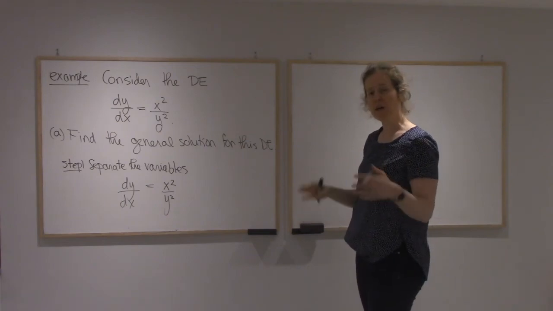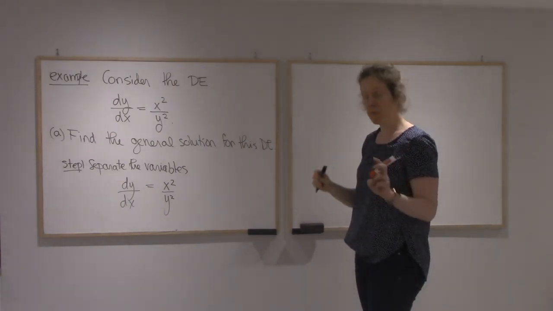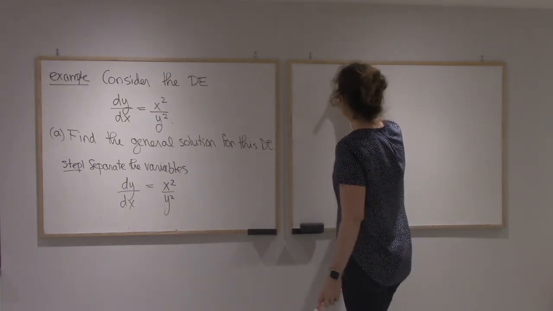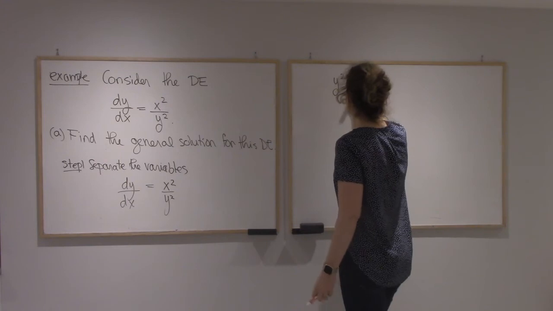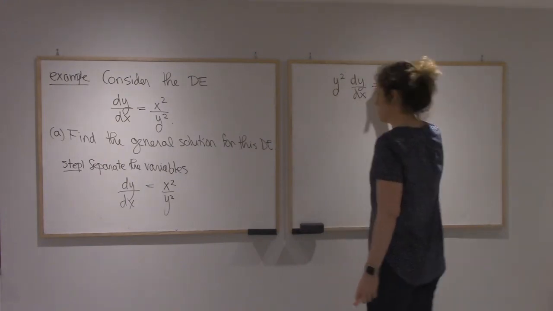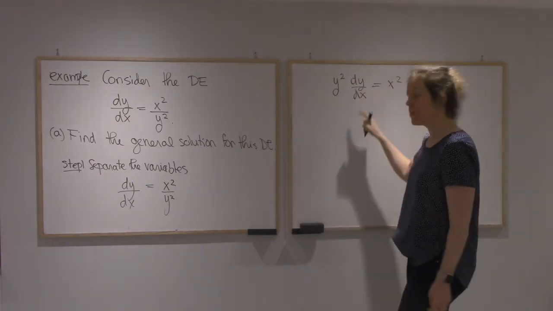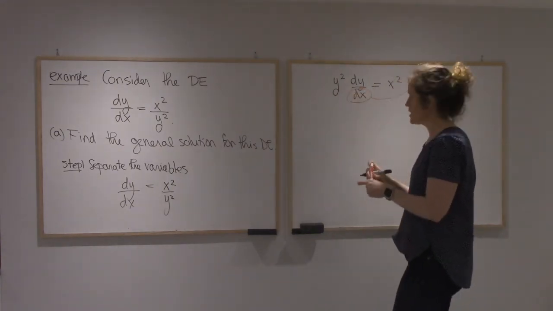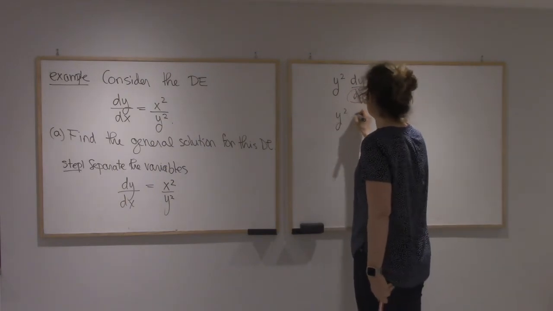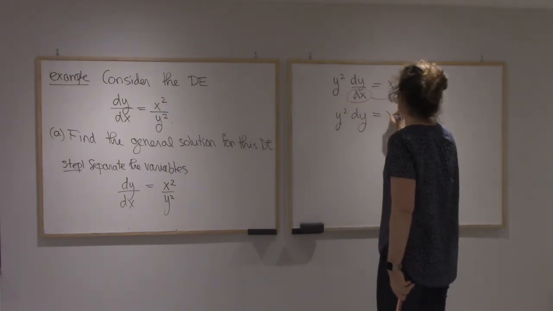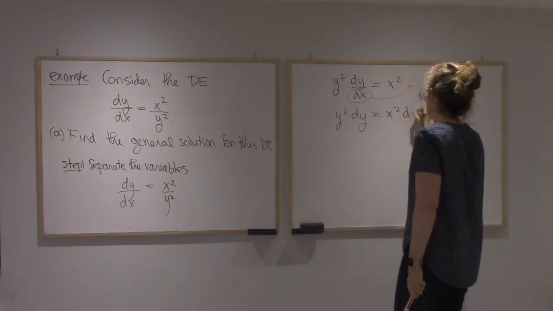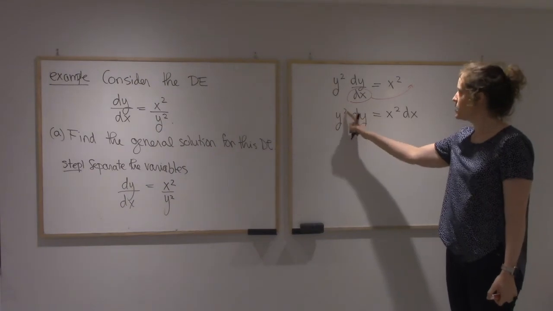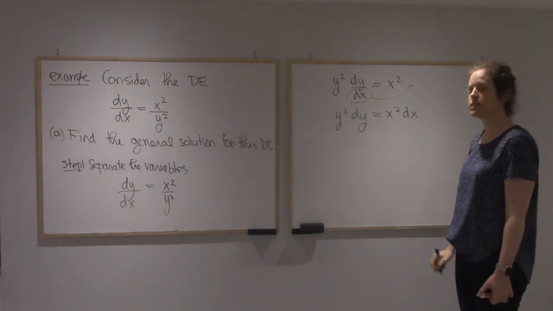That's where the term separable differential equation comes from: here I can send y squared to that side, and I'll do even more than that. I'm going to split the dx and send it to this side, just like we did when we did substitution. So y squared dy equals x squared dx.